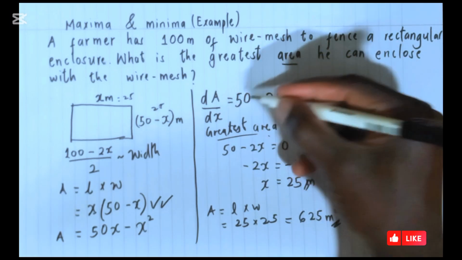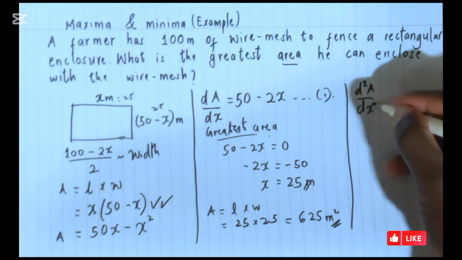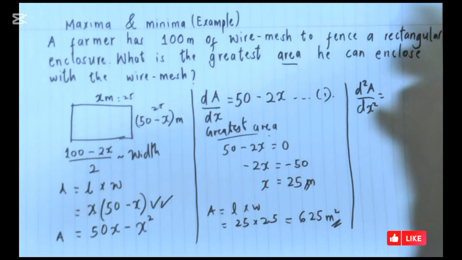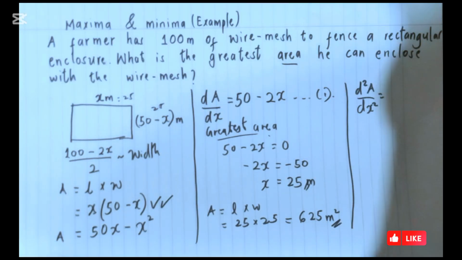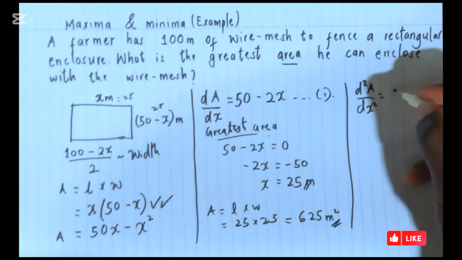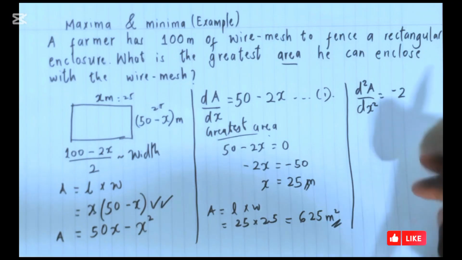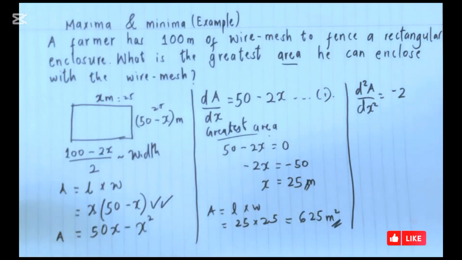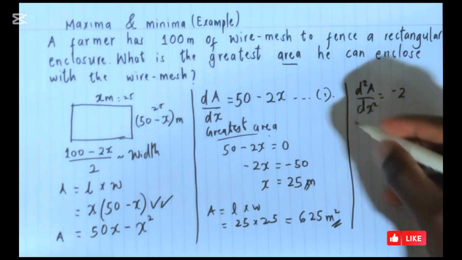When we find the second derivative of A with respect to x, notice that the constant gives 0. And when you find the derivative of negative 2x, it's basically negative 2. That implies that the second derivative of the function of this particular rectangular field is a negative number, and that is therefore a maximum.